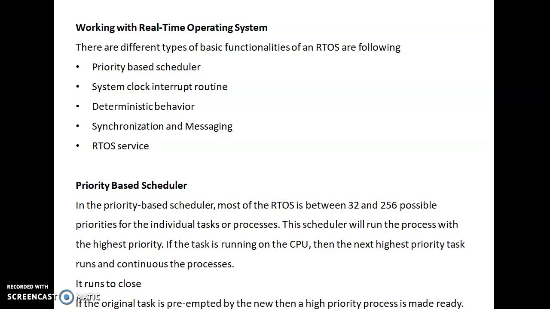So we need a scheduler. The scheduler schedules different applications to run on the CPU, and to execute the whole process within a specific time. This plays a major role in hard real-time systems as well as soft real-time systems, as we know processes must be executed within a stipulated time.